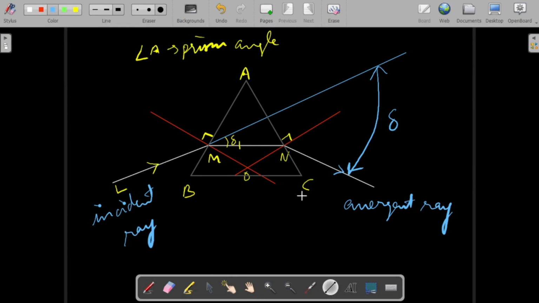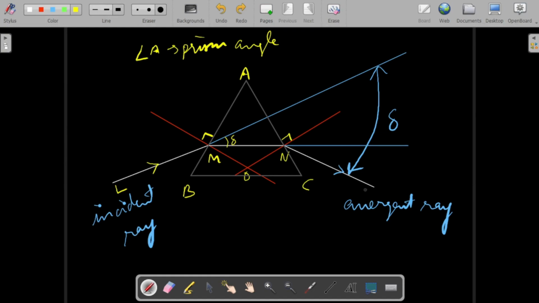But it has gone through this path, which I'll name NQ.